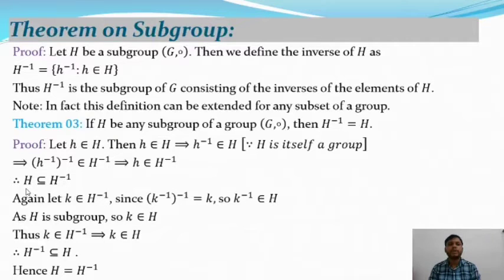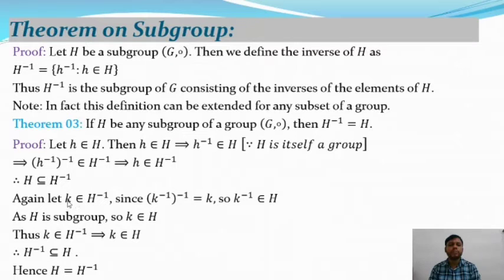So thus H is a subset of H inverse. That means h belongs to H implies h belongs to H inverse. That means H is a subset of H inverse. Again let k be an element belonging to H inverse. And since the inverse of k inverse is equal to k, so k inverse belongs to H. Okay, so you know that k belongs to H inverse.